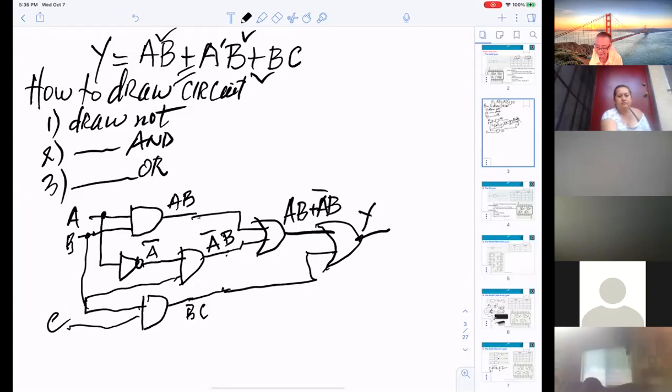That will be Y. Okay. A B OR not B OR B C. That completes the drawing for the expression Y.